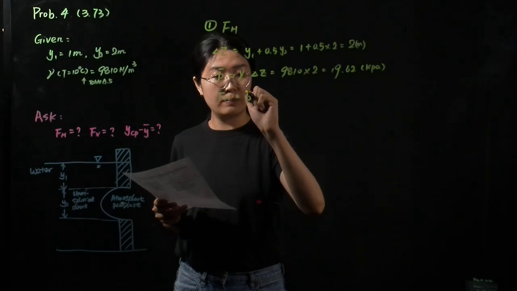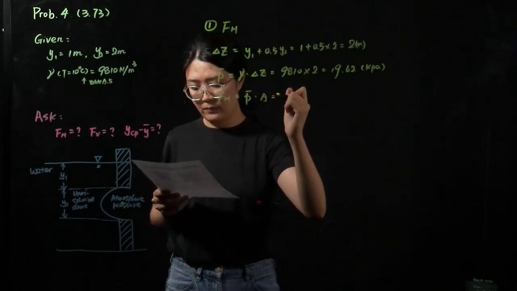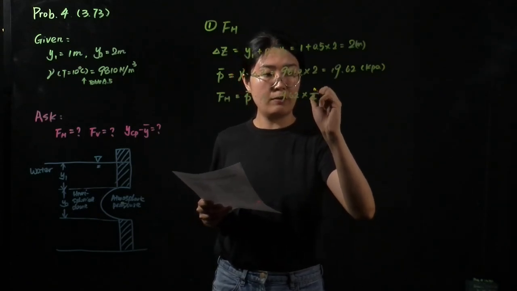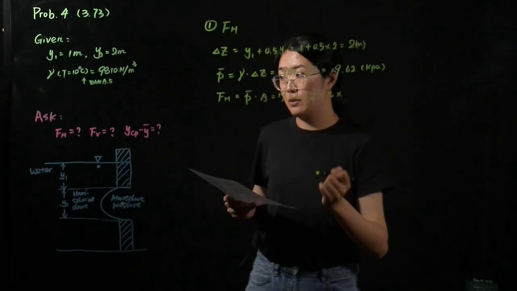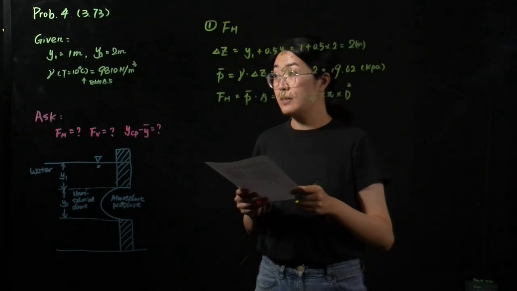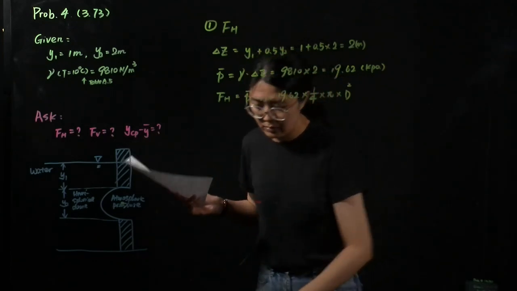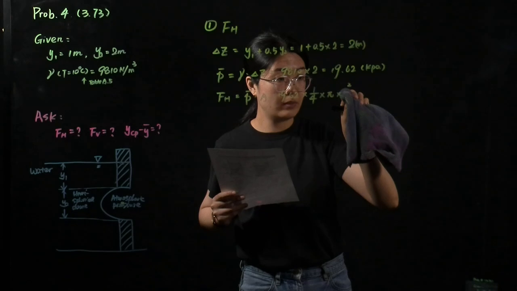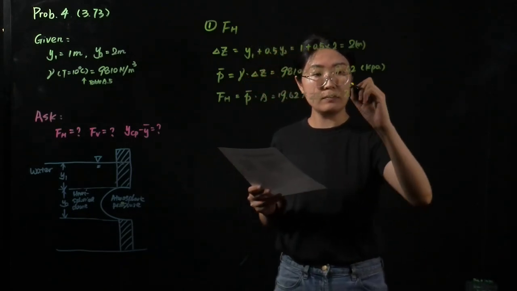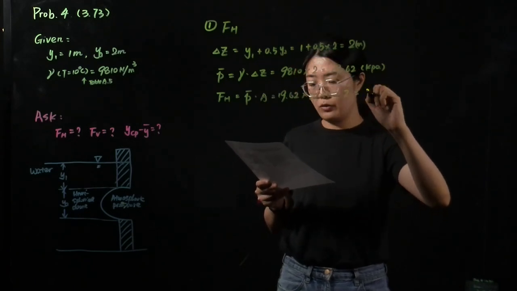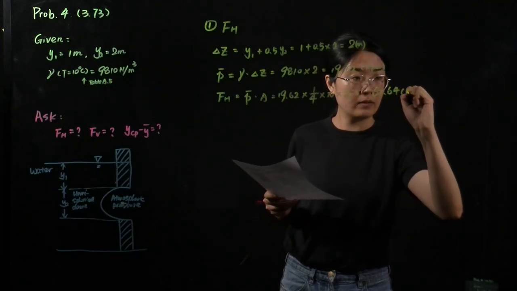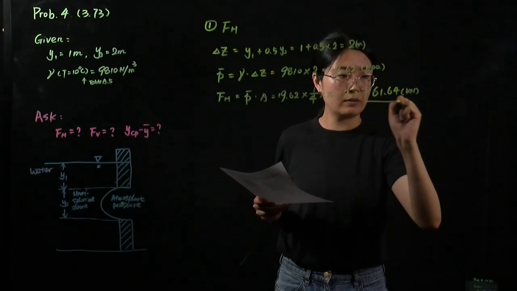It equals P bar times the area, 19.62 times 1/4 times pi times the diameter squared. The diameter is y2, so we can directly bring in the value d, which is 2 here. So it should equal 61.64 kilonewton.